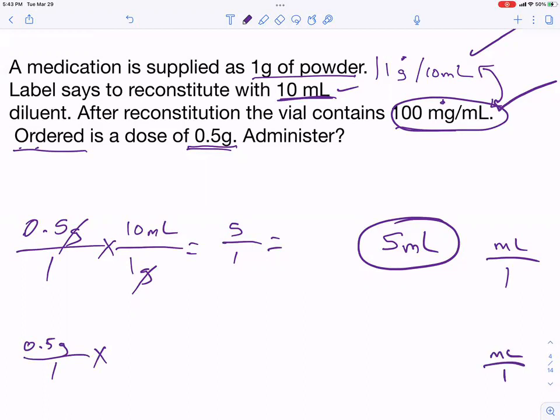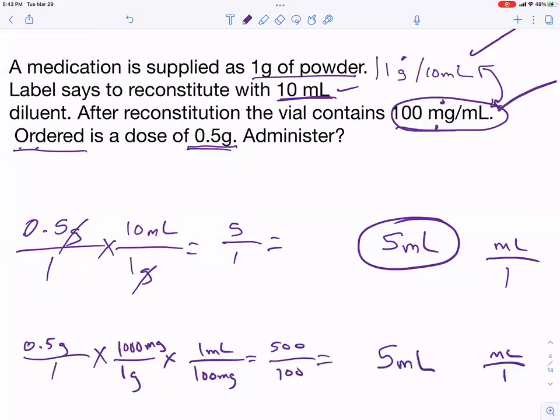But now I have to do conversions if I'm going from milligrams to grams. So I can say 1 gram is 1,000 milligrams, and 100 milligrams is in 1 ml. And what you'll find is when you do the math, 0.5 times 1,000 is 500, and 100 times 1 is 100. It gives you the exact same answer, 5 milliliters.